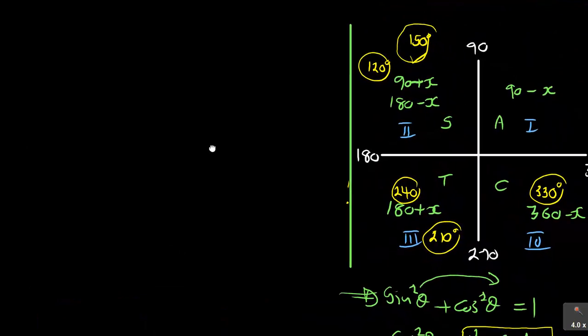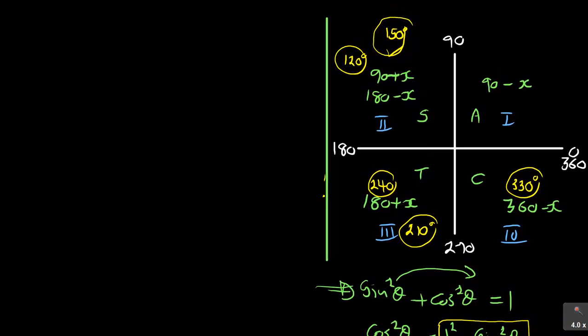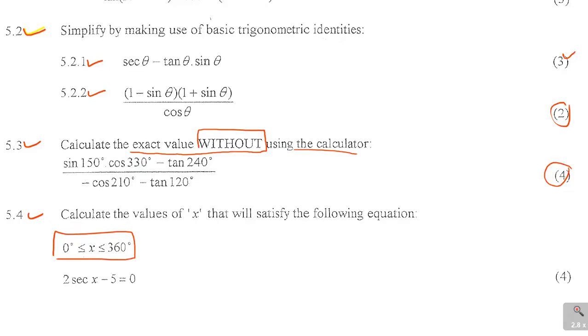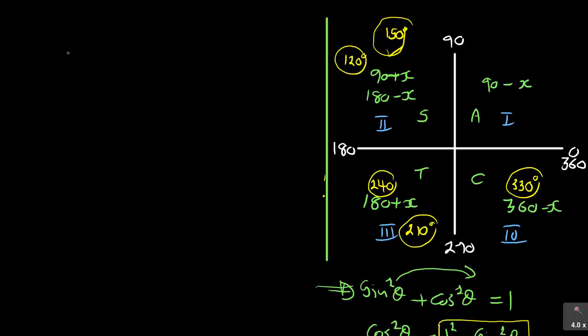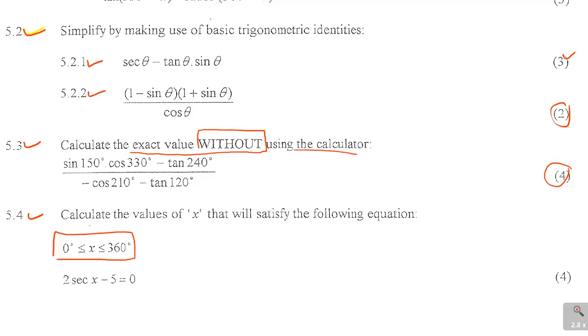I don't think I might use all of it. So let's look at this space here that I'm given. The question is, we are given 0 is less than or equal to x, x is less than or equal to 360. That is, my values of x are between that.